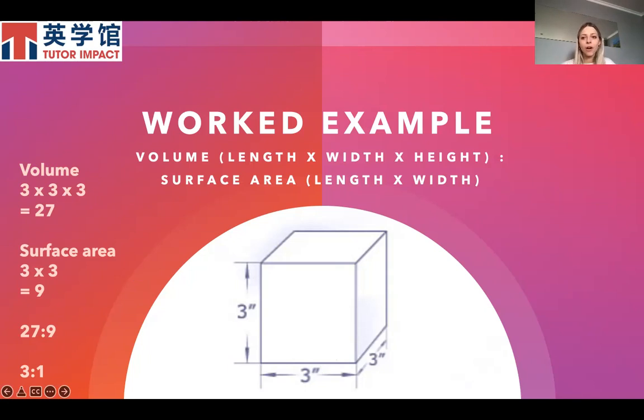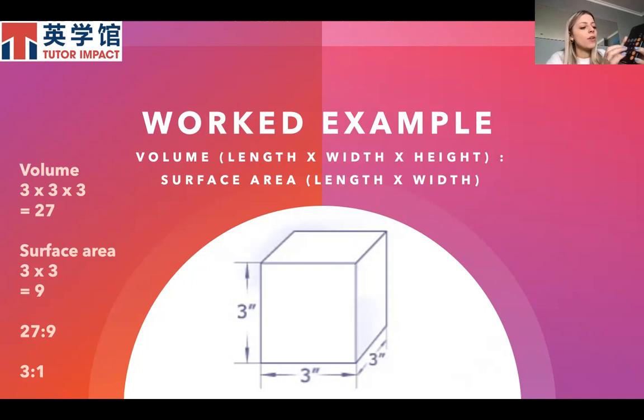However, we can simplify this down to make it easier to read. So what you need to do is think of the number that both of them can be divided by. You can probably look up a video on calculating ratios if you don't know how to do this already. But I simplified this down to 3 and 1. I did this by dividing both sides by 9.